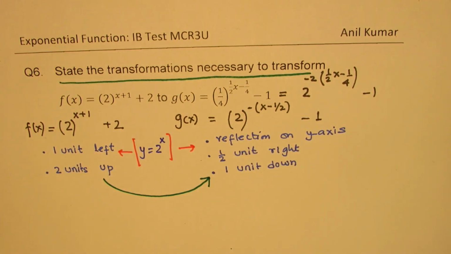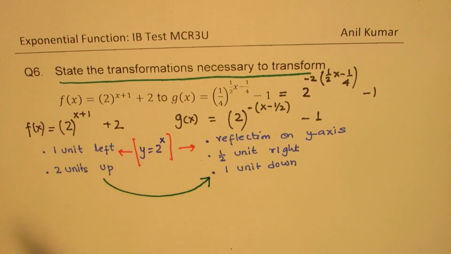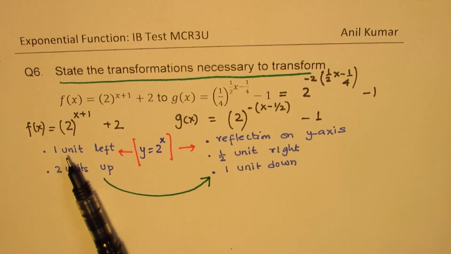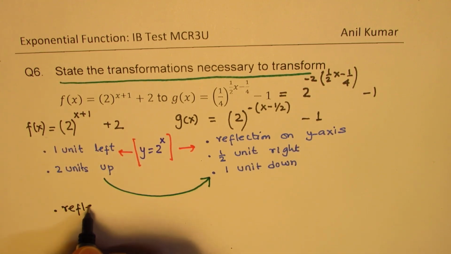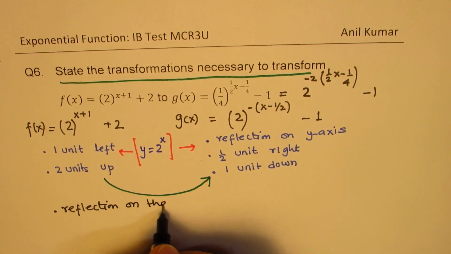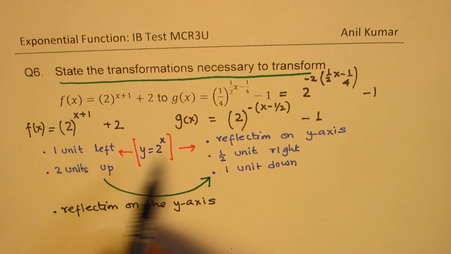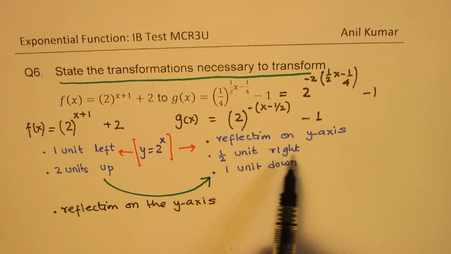So now, once we have split into this fashion, we can see what is happening when I move from here to there. As far as the reflection on the y-axis is concerned, it is not there earlier, but we have to do it now. So one of the transformations here is reflection on the y-axis. Now moving left or right: 1 unit left, and here we say half unit right.